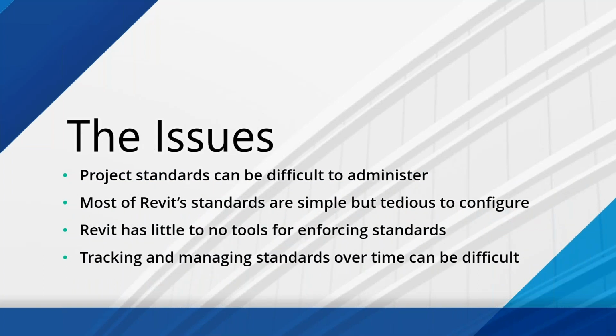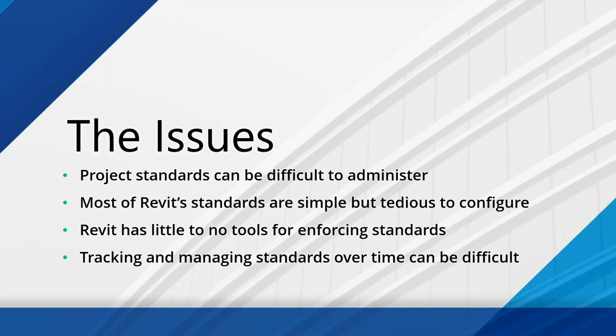So first, the issues: they're difficult to administer. Most standards that we implement are easy to do, but are time consuming and can be tedious to set up, especially to deploy if projects are already in place. There's nothing for enforcement out there today, at least natively in Revit, right?